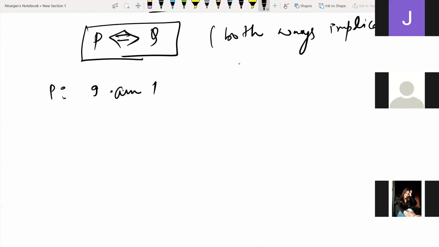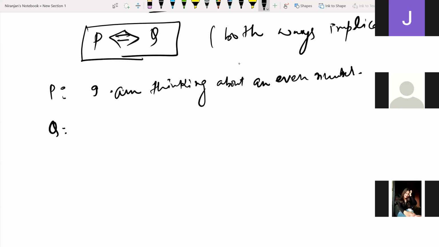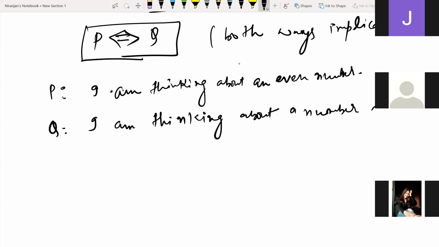When you say that P is: I'm thinking about an even number, the Q statement is that I am thinking about a number divisible by 2.